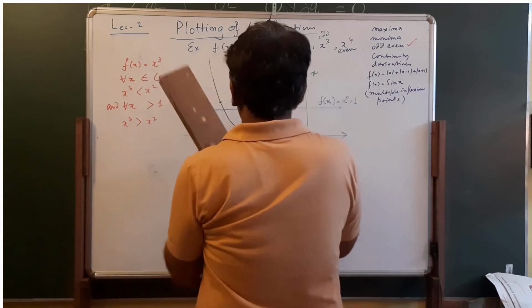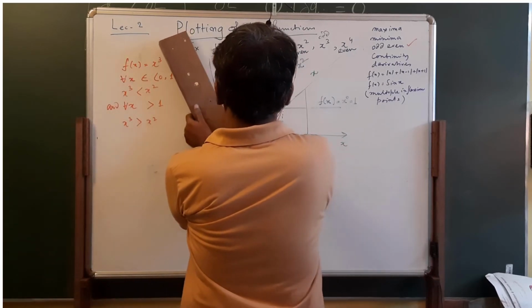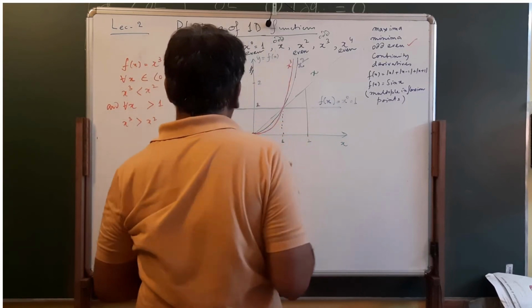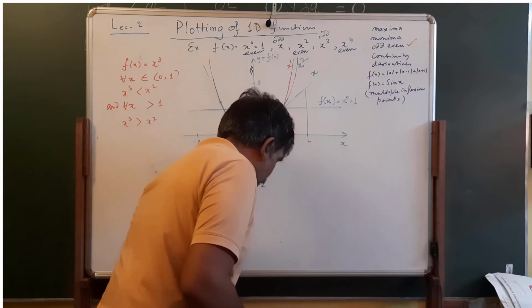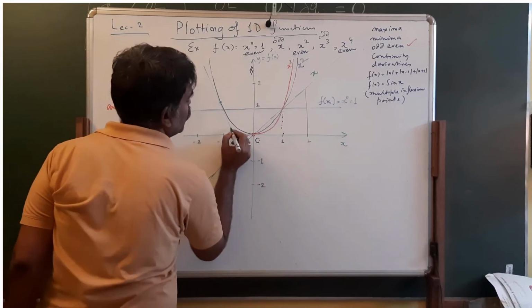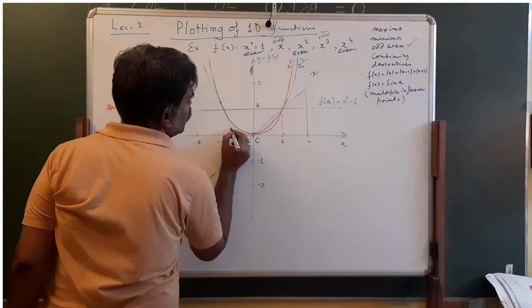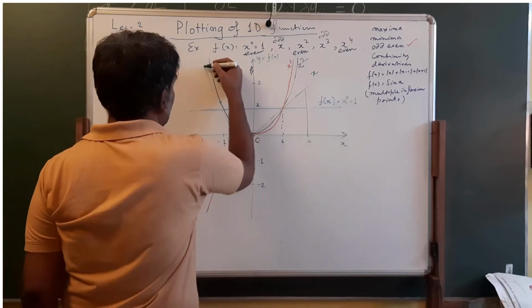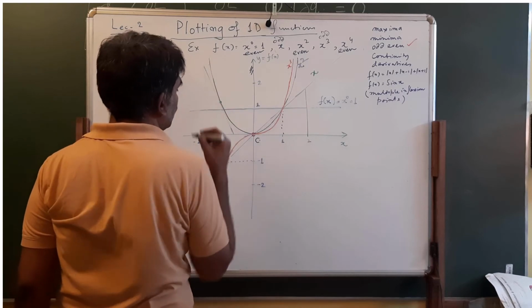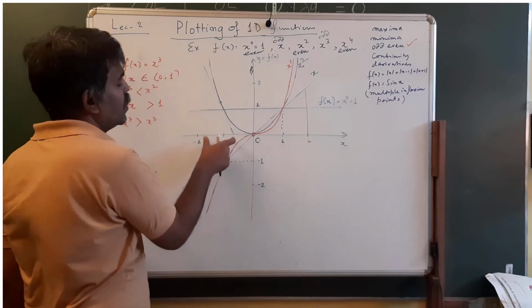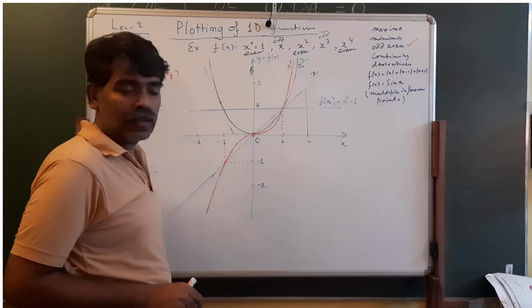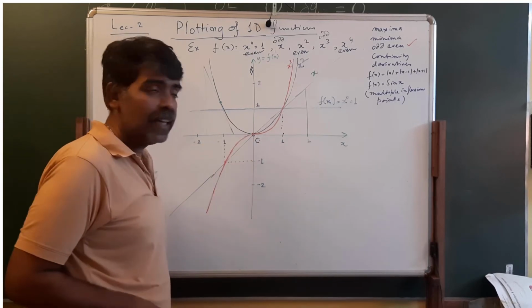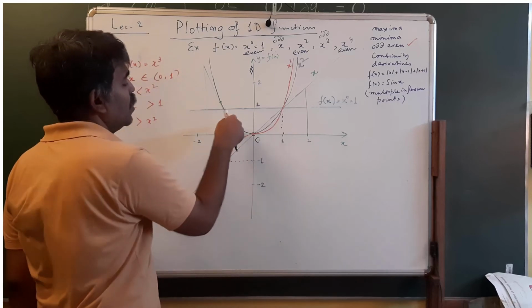You draw a straight line, and this straight line is a tangent, right? Then you draw a triangle, this by this. Naturally, the slope will be negative. Tan of this obtuse angle is negative. So you get a negative slope.